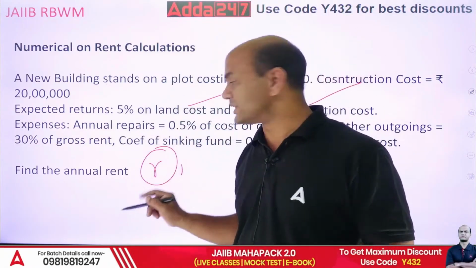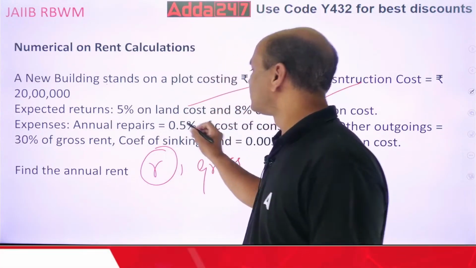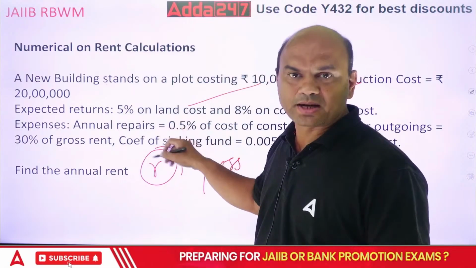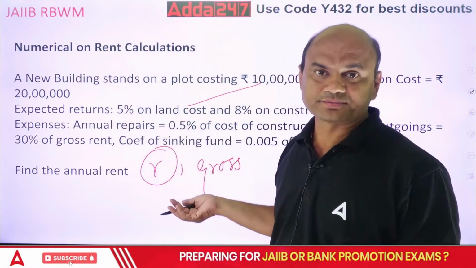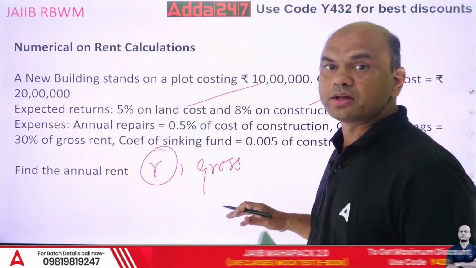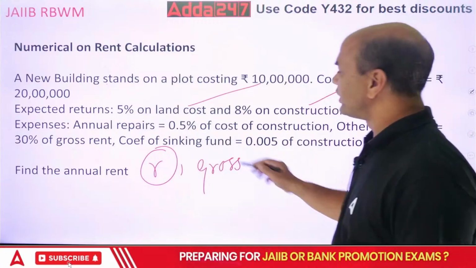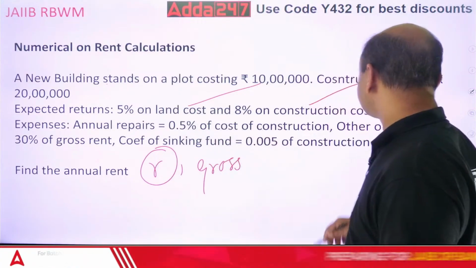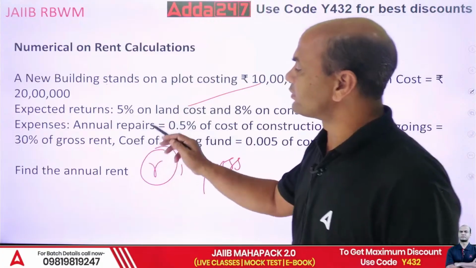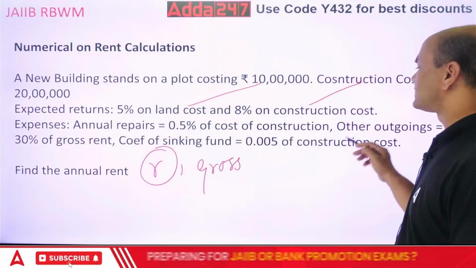This is my gross amount. And now I want the net. When I subtract these expenses, I'll get the net. So now calculate the net amount. For that, you'll have to first calculate the expenses. So 3 expenses are given: 0.5% of cost of construction, 30% of gross rent, and 0.005 of construction cost.